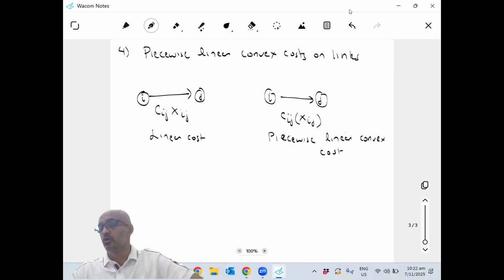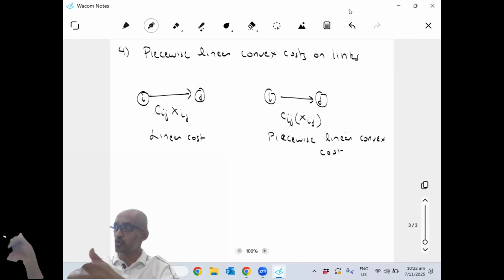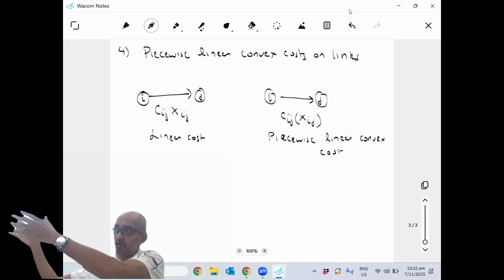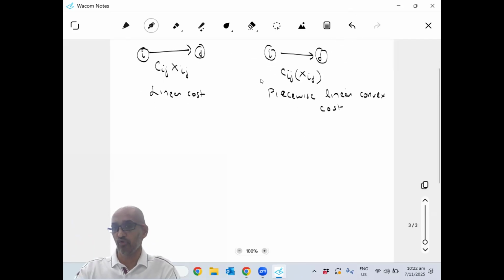Okay. So I claim that you can also formulate this as a standard linear cost network flow problem. So you can transform it like how you can take a piecewise linear convex LP and make it an LP. You can take piecewise linear convex cost network flows and make it a network flow problem. Okay. Why? So we have to think about what this cost looks like. So let's take an example. Let's say this is xij.